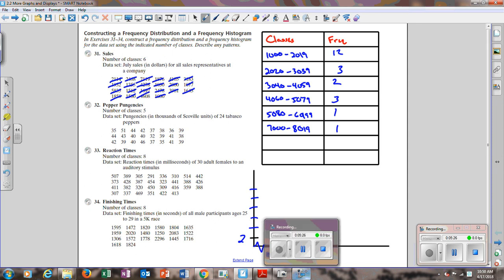We're going to need 6 of these. You can do 1509.5 plus 1020 gives you 2529.5 for the next one.